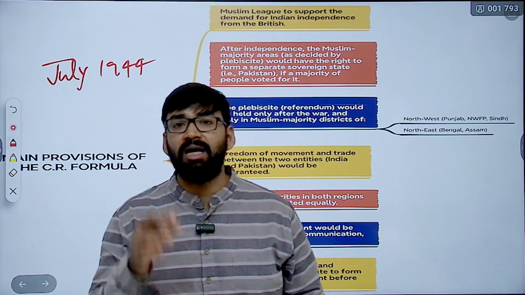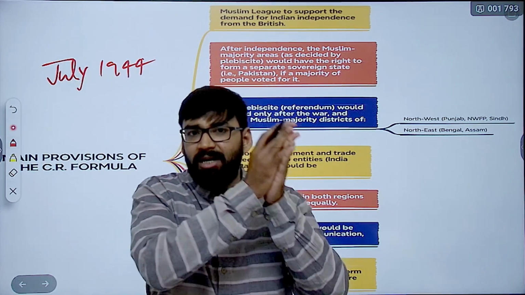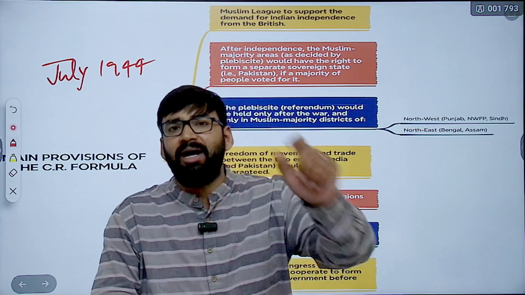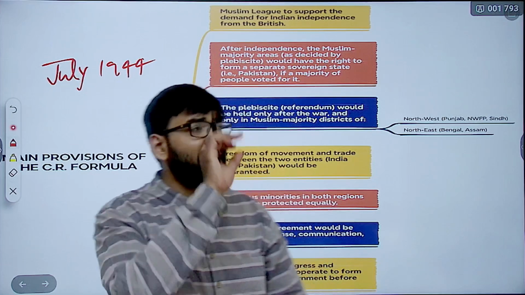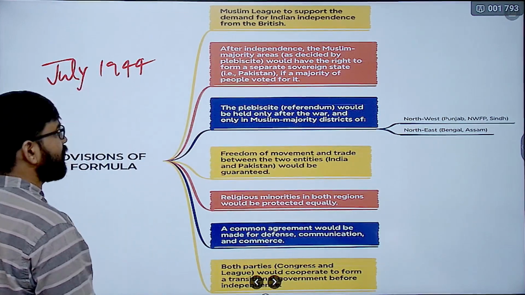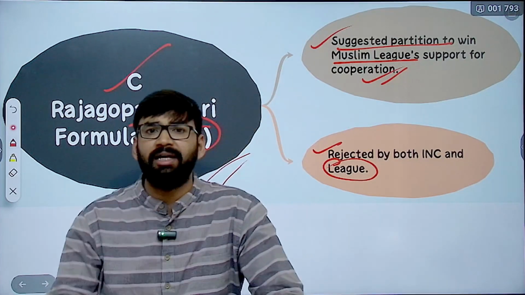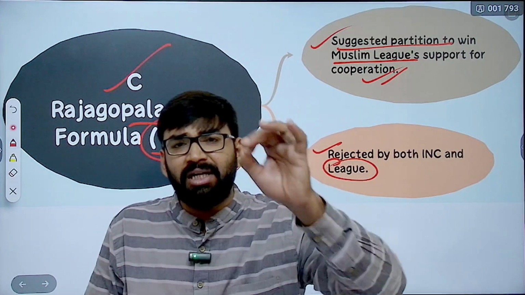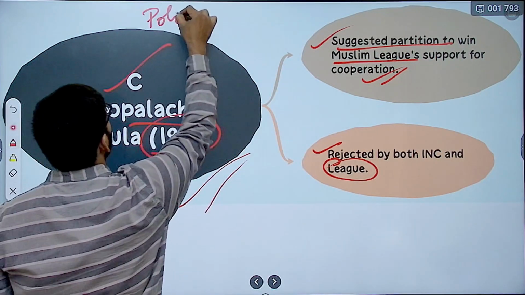So that C. Rajagopalachari could break the stalemate between the Indian National Congress and the All India Muslim League over the issue of Pakistan, the political deadlock that had formed. Now, what is the background of this situation? In which background did the C. Rajagopalachari formula come? Why in 1944? So first we need to understand the political situation in 1944. Now what was the political situation?